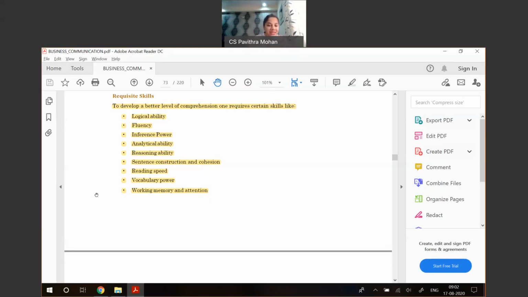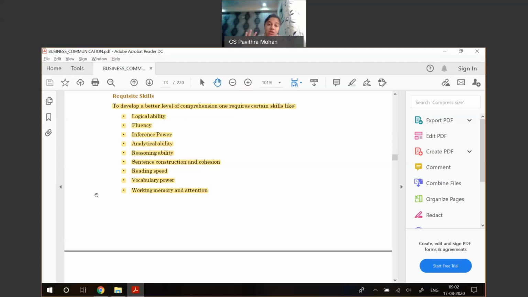Then you have sentence construction and cohesion. Here, what happens is how a sentence is being constructed, whether it is in direct speech, indirect speech, active voice, passive voice, long sentence, short sentence, complex sentence. How the sentence is being constructed, we have to understand. Then again, reading speed. I've told you the pace in which you try to read a passage should be fast, but not just reading fast is important.